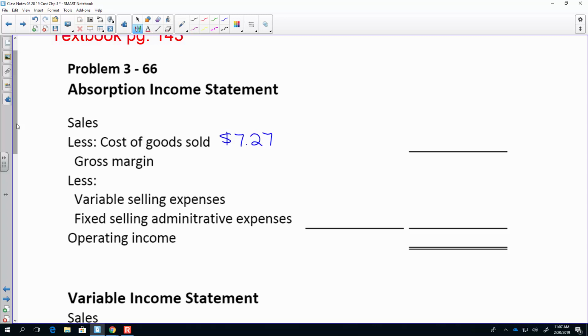Very good. Okay. Make sure we remember that. What did we sell these for? $9 a piece. And we sold 204,300 units. So we actually can put that in here also, for the cost of goods sold.